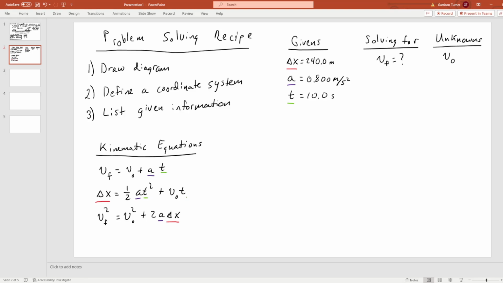You can color coordinate this however you like, or if you don't have colors, you can use different numbered lines or whatever. But this is just to show you, and you'll see the utility of this in a moment, but working through what equation or set of equations is going to be the most advantageous, right?